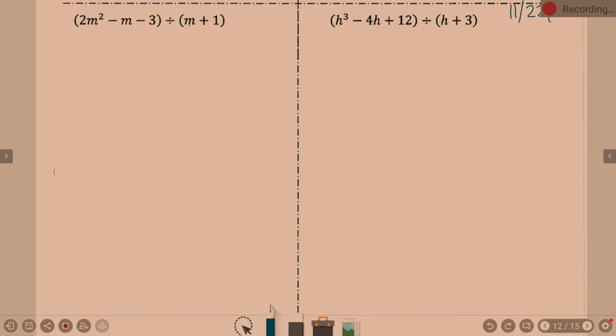As we set this up, the reason we're talking long division is because we're dividing by two terms. So as you go to do homework, if you see it's divided by two terms being added or subtracted, we're going to set up good old traditional long division. What goes in the box?